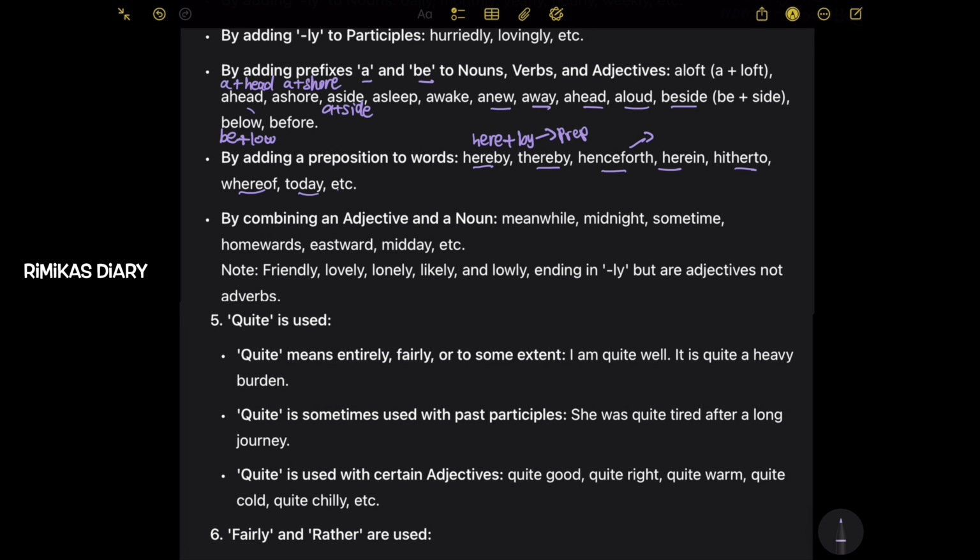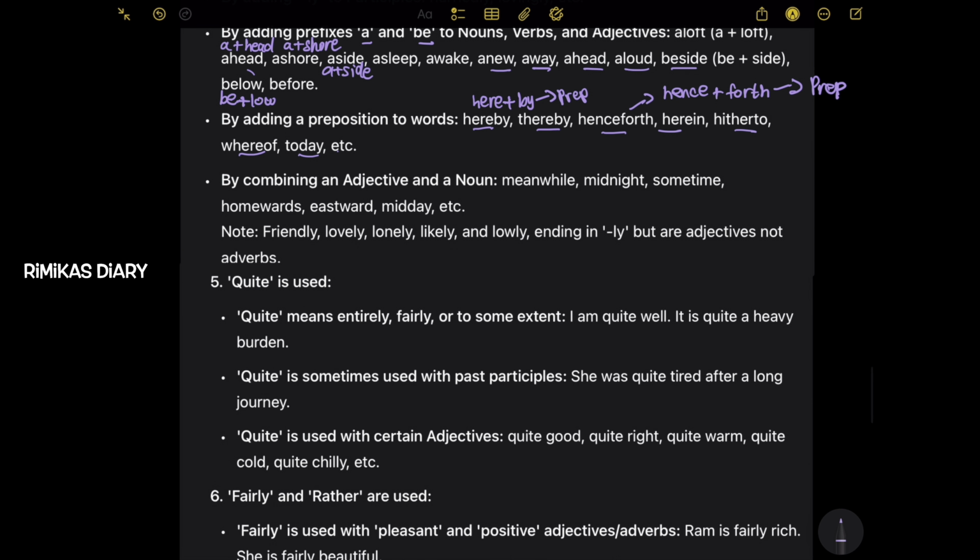Henceforth is hence plus forth. Forth is a preposition. And so on. By combining an adjective and a noun: meanwhile, midnight, sometime, homewards, eastward, midday, etc.